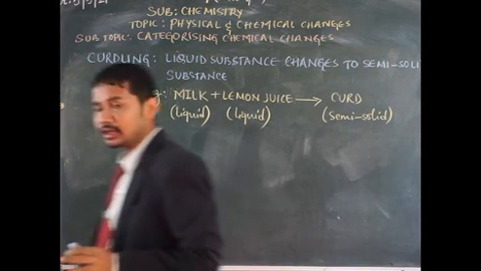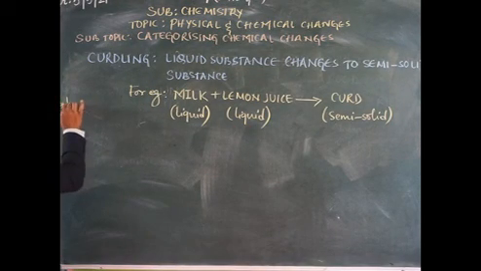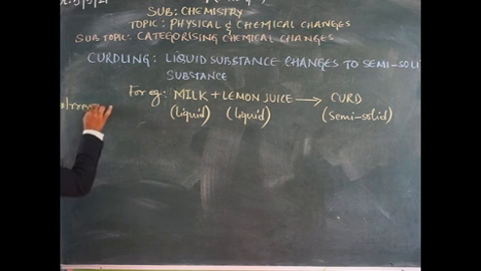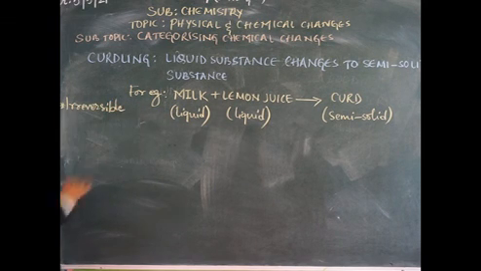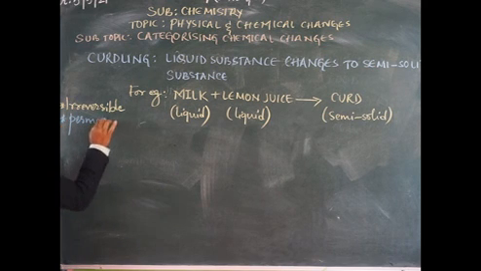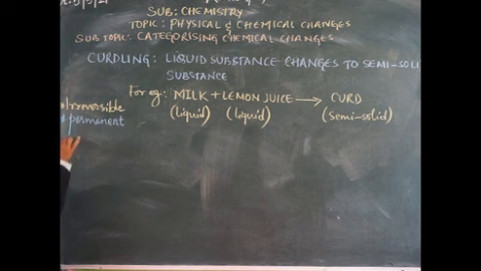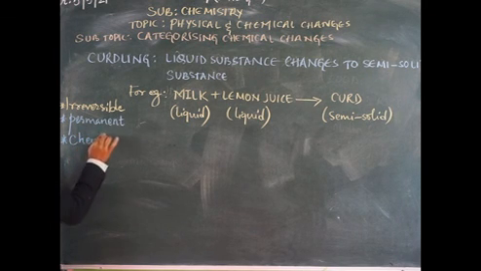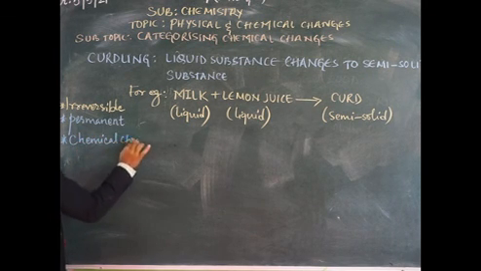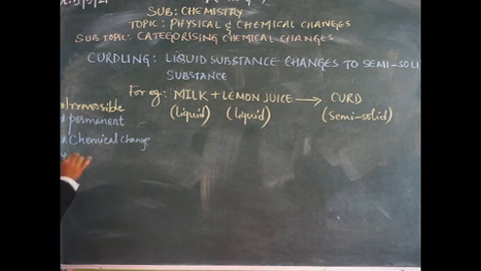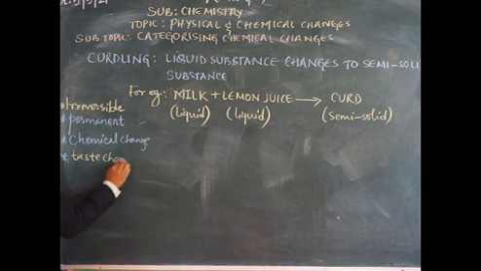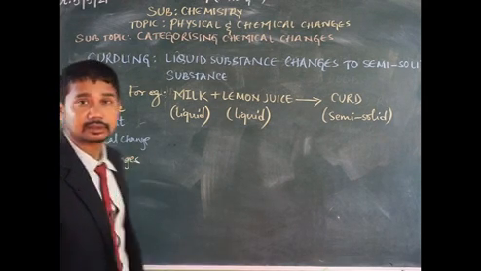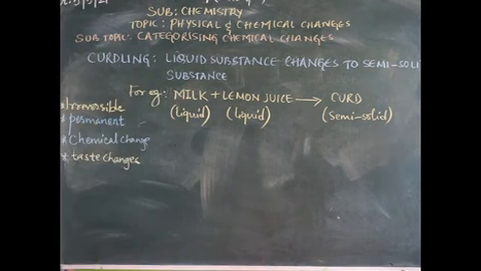So this is an irreversible change, and this change is a permanent change, and the new substance is formed. So this is also a chemical change. Here also taste changes.